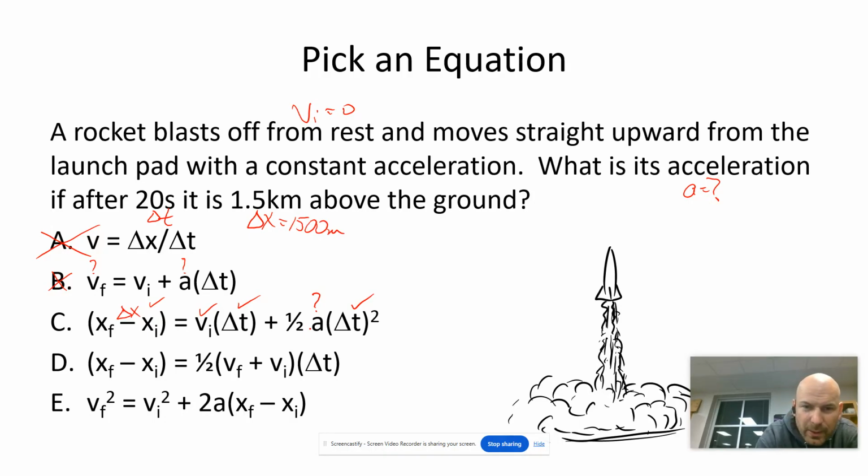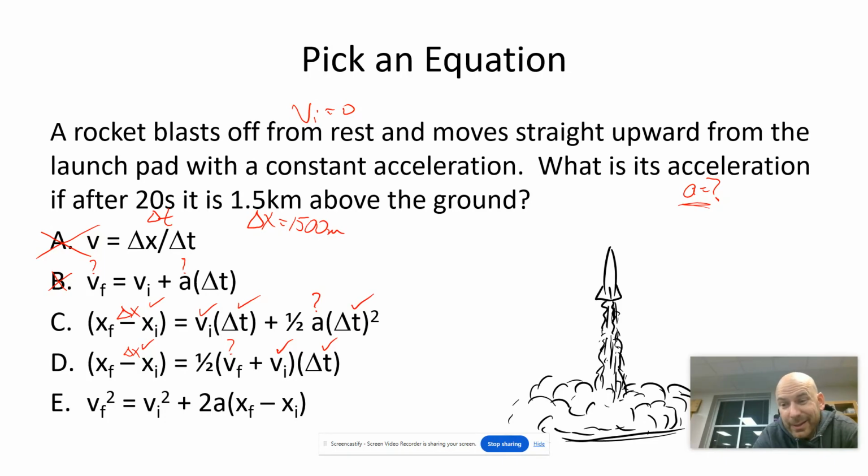That has one unknown, and the one unknown is the one I care about. Displacement, I have final velocity, I don't have initial velocity, I have time, I have. So I've got one unknown, but I don't care about it.